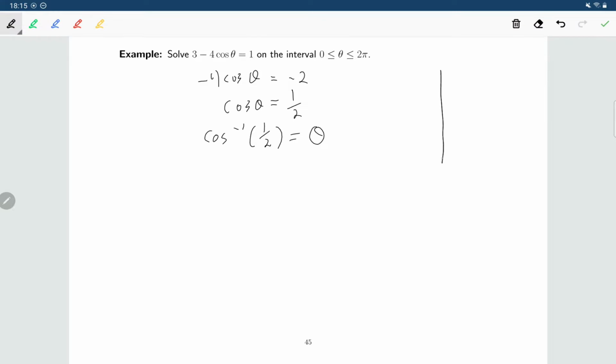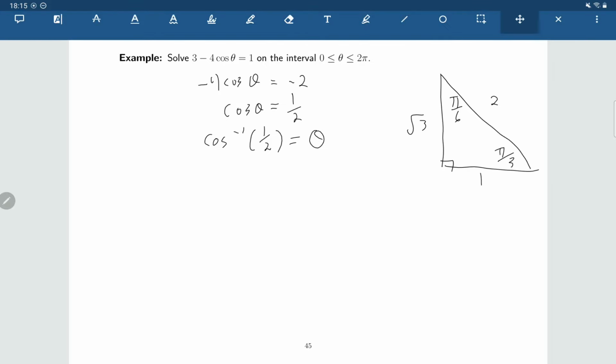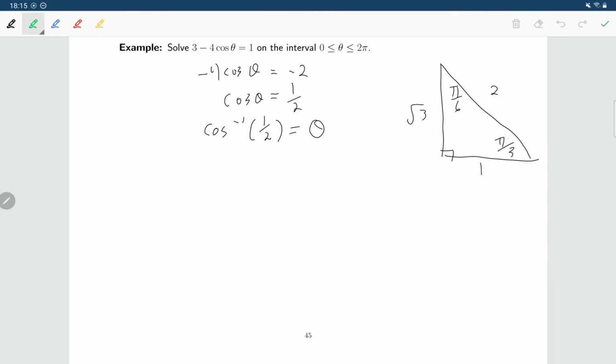And for this I'm going to use my special triangle, my 30, 60, 90 triangle. Pi over 6, pi over 3, pi over 2. And if we're looking at that 30, 60, 90 triangle, you can see that cosine of pi over 3 would be adjacent over hypotenuse.